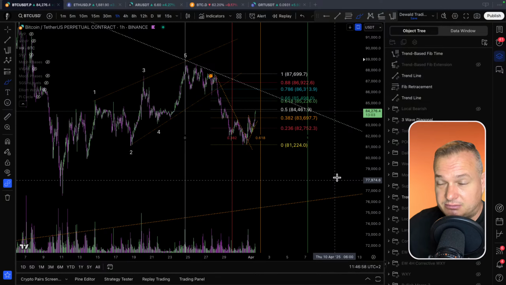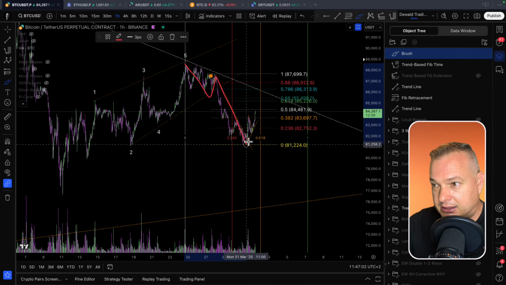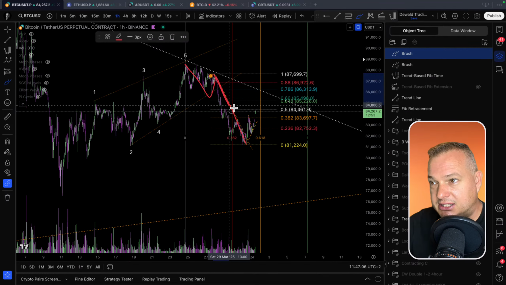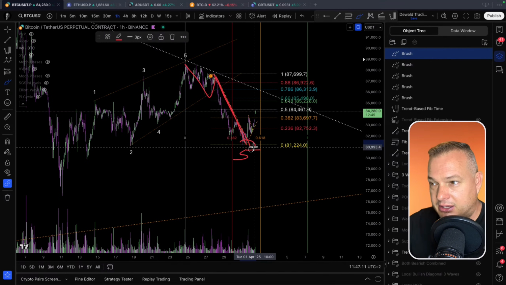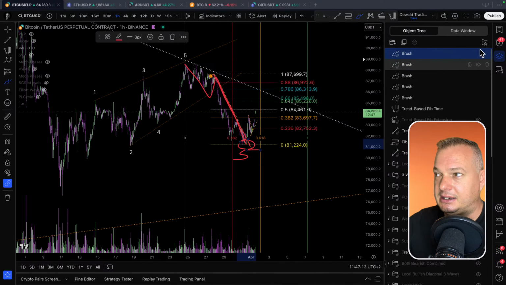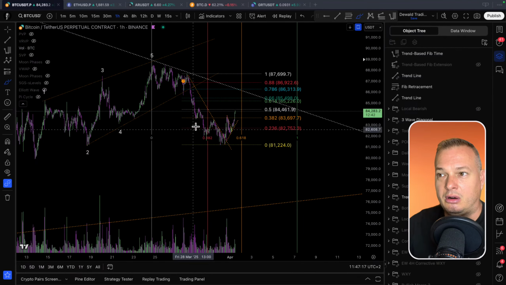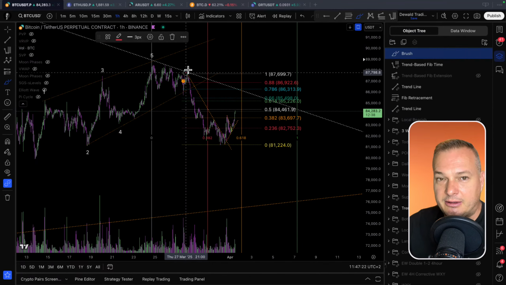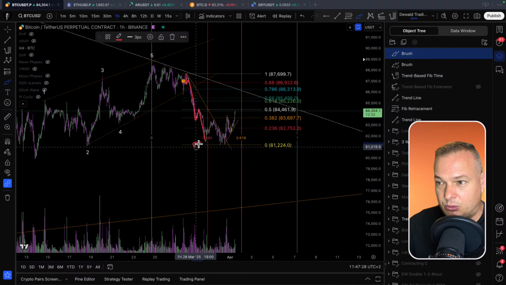But there's still a chance. If I'm counting this as an A, B, C, counting 5 waves, because your C wave has to have 5 waves inside of it, this low does not make any sense. If I go into the smaller time frame, and I'm not going to do it now, it's going to take too long, but on the 5-minute, 3-minute time frame, you can count beautifully a 5-wave structure, 1, 2, 3, 4, 5 in a C wave.